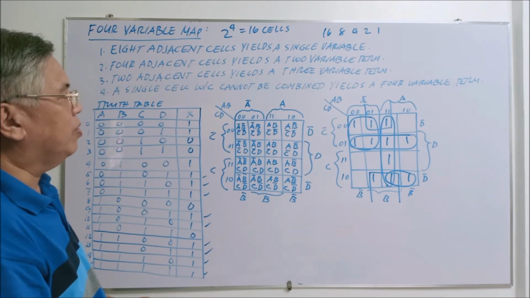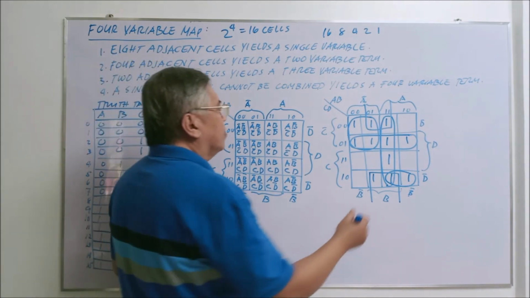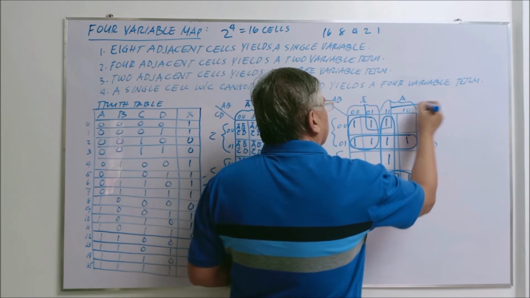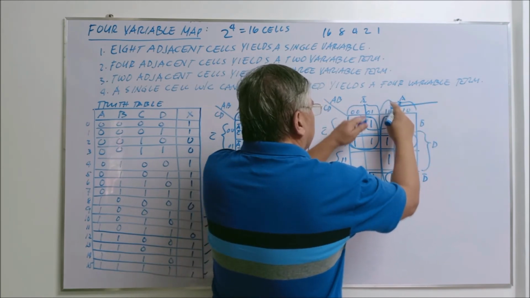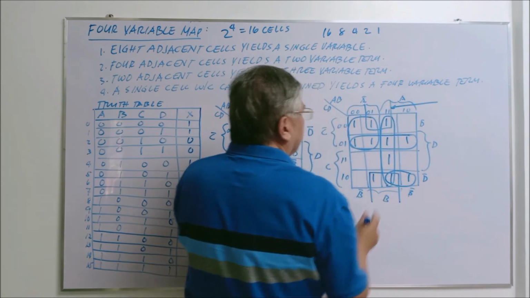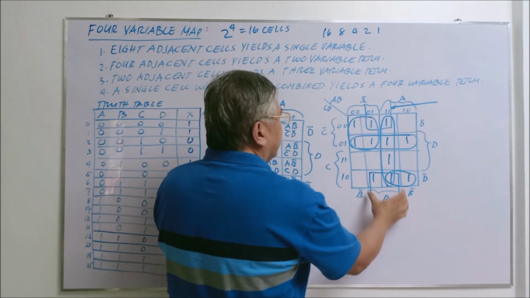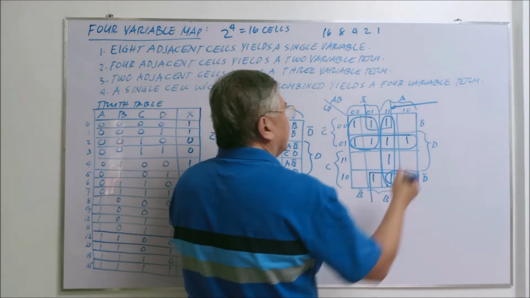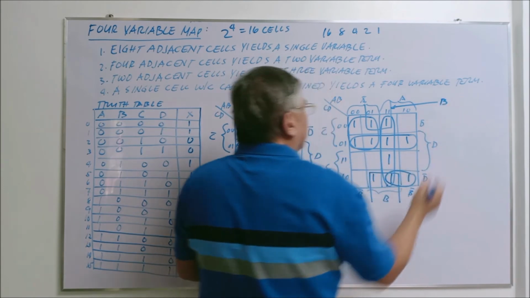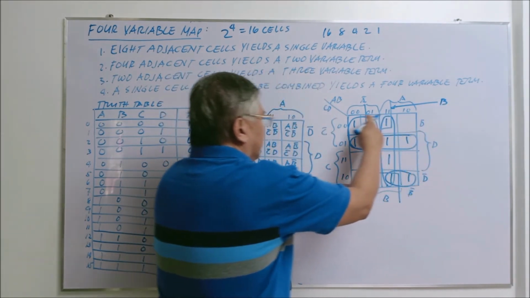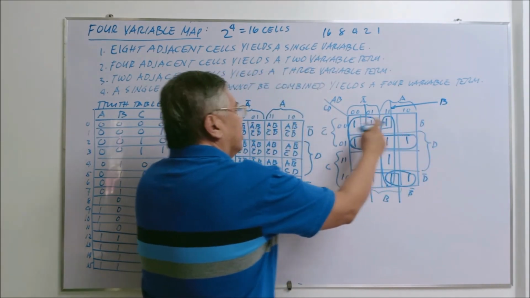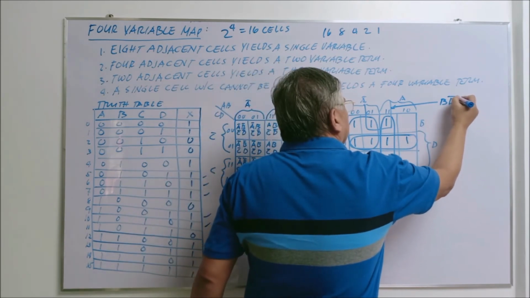Okay, so what will be our equation? So for this particular group, 4 adjacent cells, this one here and this one, this belongs to what? This is under D. Okay, and then under D bar.